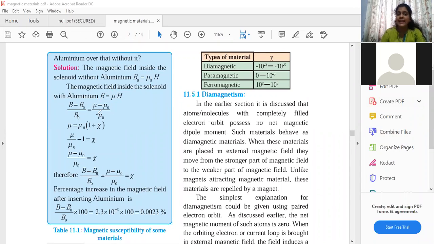Now what they have done over here is (B minus B naught) upon B naught.